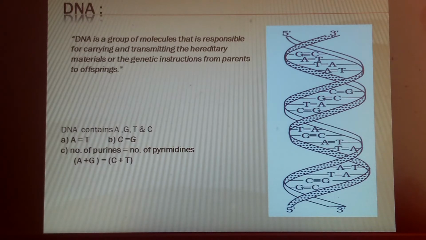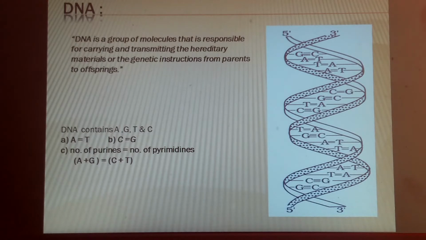So we have seen the structure of DNA. DNA is double stranded. Each strand is in a helical structure. That's why it is called the alpha helix structure of DNA, or double alpha helical structure, with two strands.